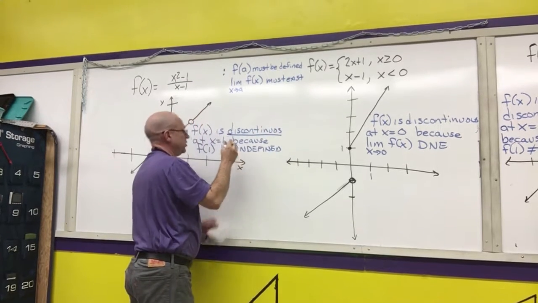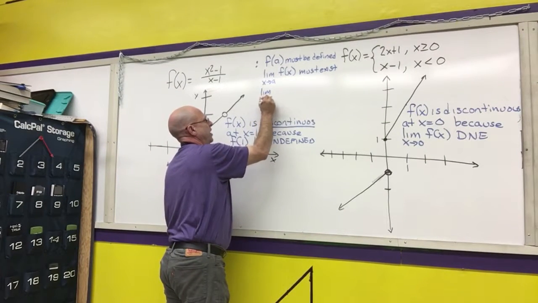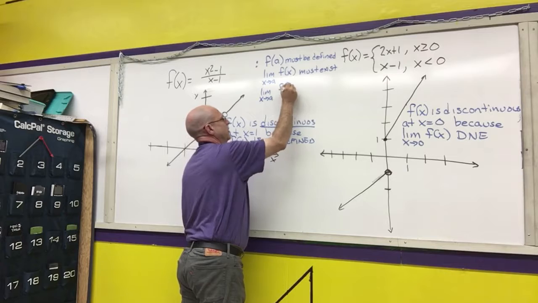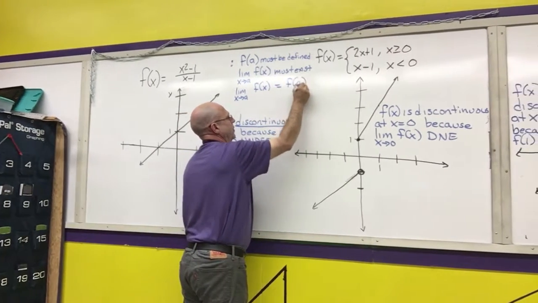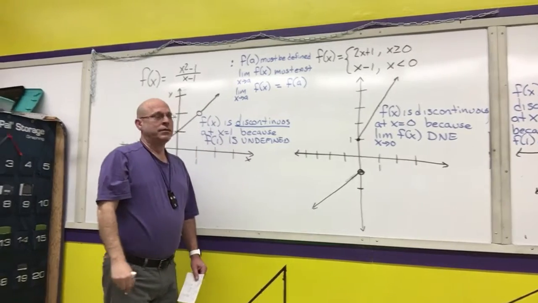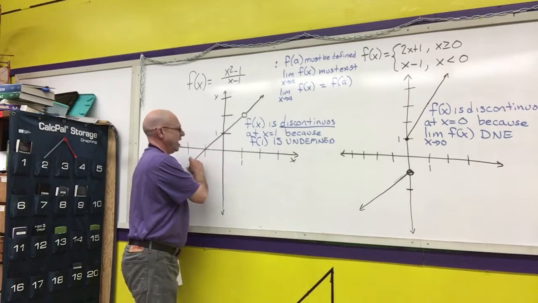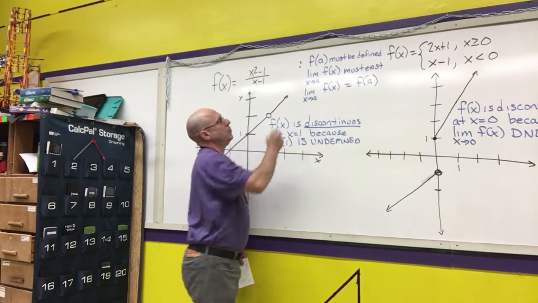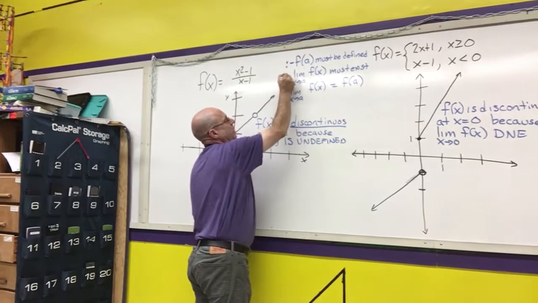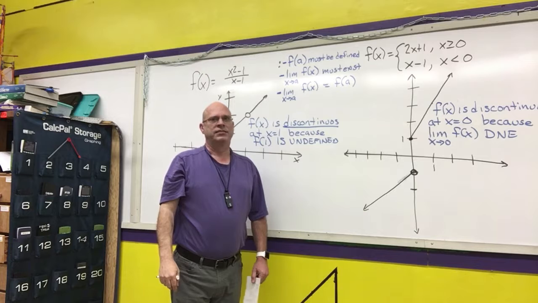And the final condition is that the limit as x approaches a of f of x must equal the value of f of a. Again, you can use the informal definition to analyze whether your graph is continuous at a particular point. But if it is discontinuous, you must give me a reason that uses one of these three things to tell me why.